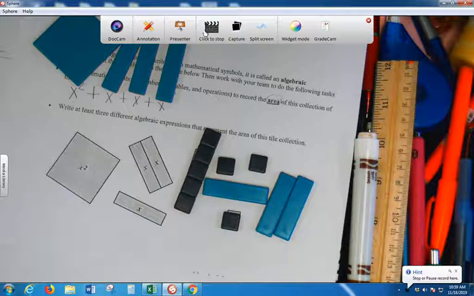Don't put them away. Still not done with the tiles. These tiles, specifically.